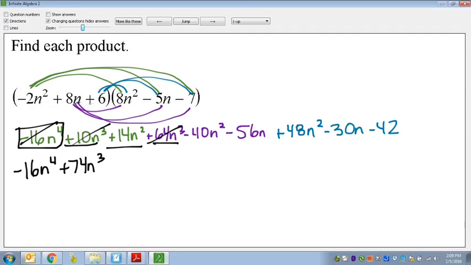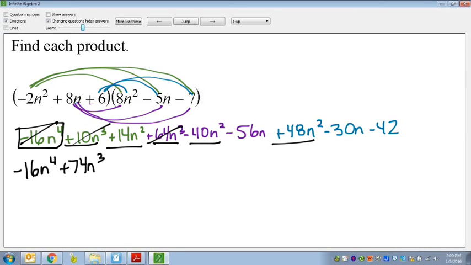Okay, we have a 14n squared, we have a negative 40n squared, and a 48n squared. 14 minus 40 gives me negative 26.